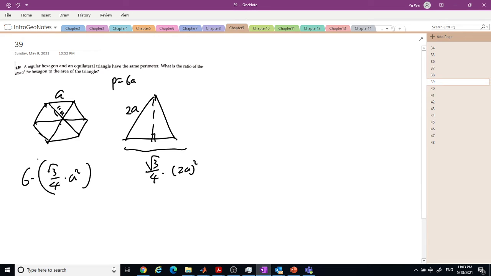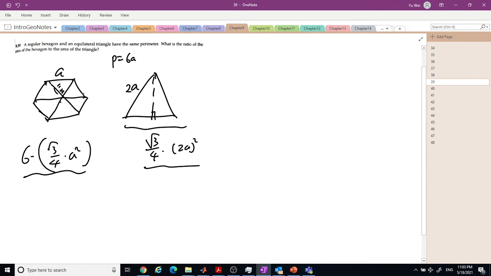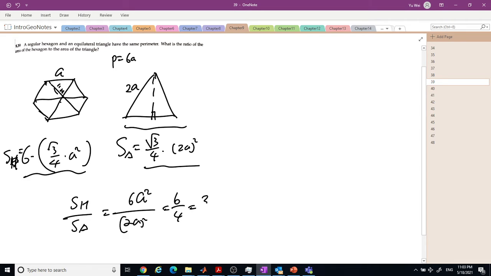Now we can calculate the ratio. The hexagon over the triangle: √3/4 is common, so it is gone. So it's 6a squared over 4a squared, so it's 6/4, which is 3/2.